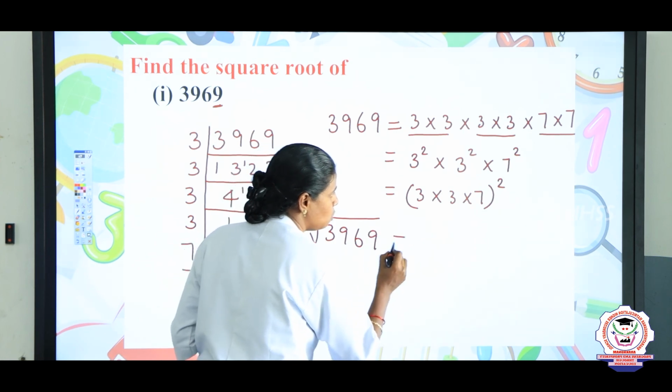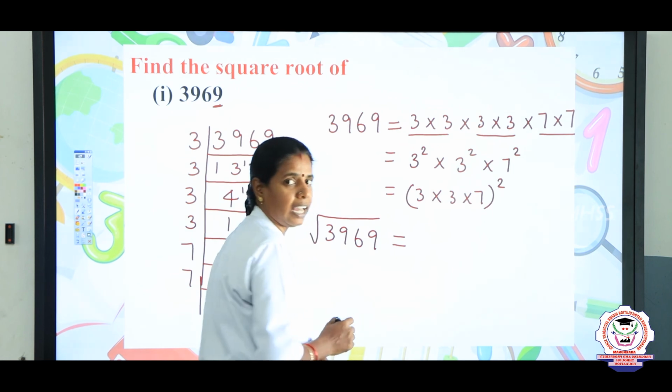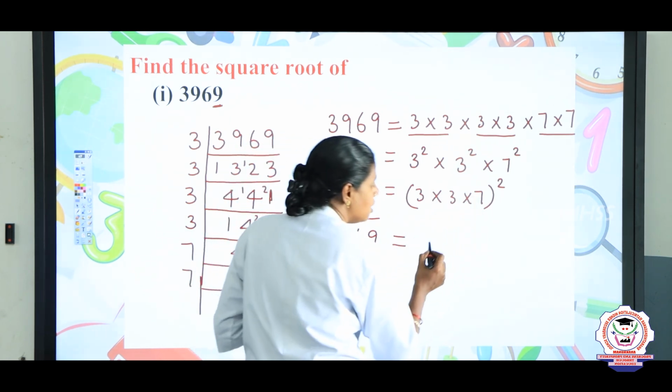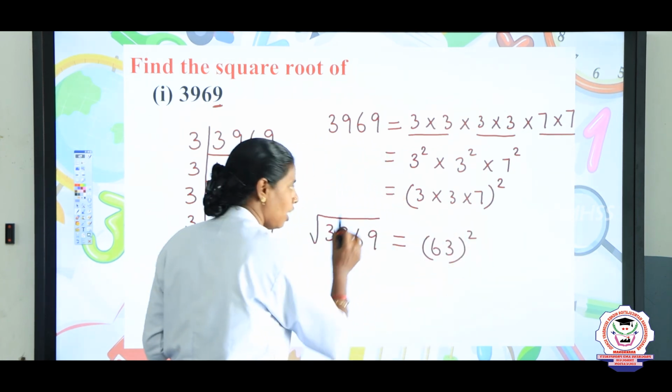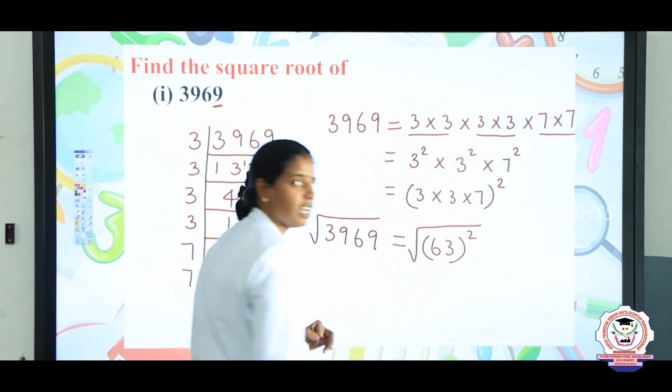Square root of 3969 equals: 3 3s are 9, 9 7s are 63. So 63 the whole square. If I take the square root on the right side, we take the square root on the left side also.